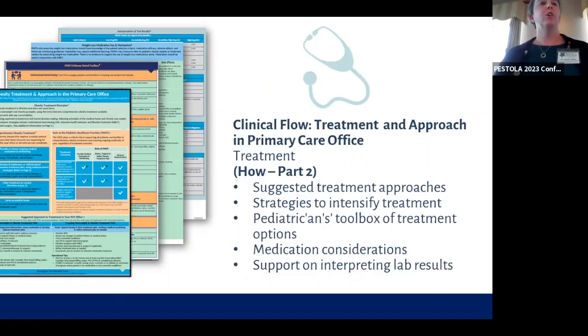So there are a lot more tools that are coming out, and the AAP Institute for Healthy Childhood Weight staff, along with several of us on the CPG, have been working on that so that we could hit the ground running when the CPG was released.